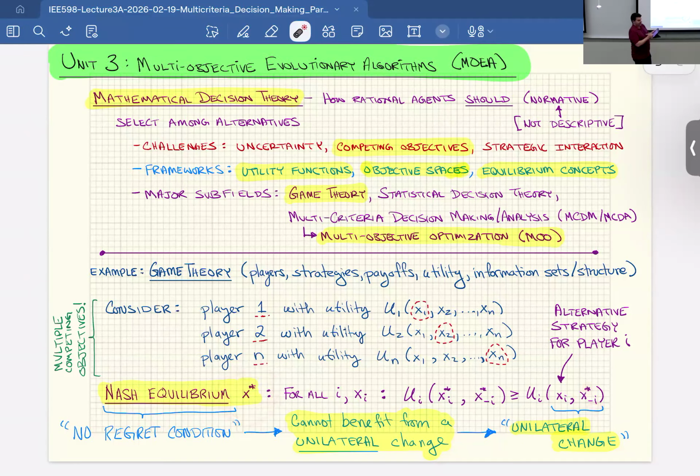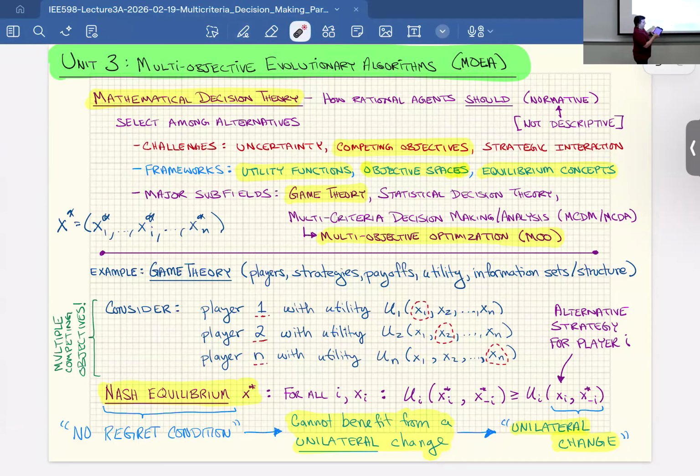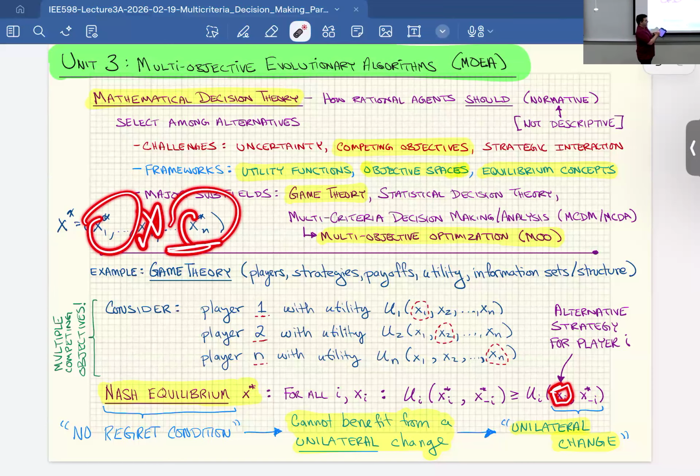So X star is a vector, internally X star 1, X star i, all the way up to X star N for our N players. All I'm saying is that i is playing an alternative strategy, so it replaces this, but everybody else plays what they'd be playing at the Nash.